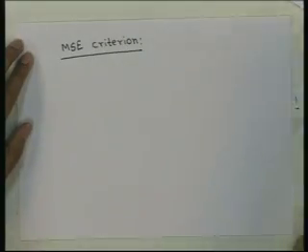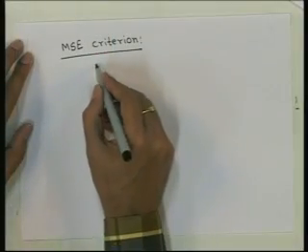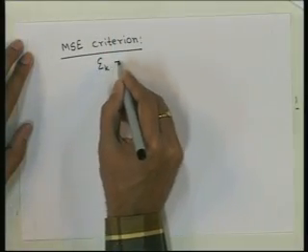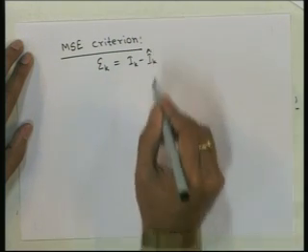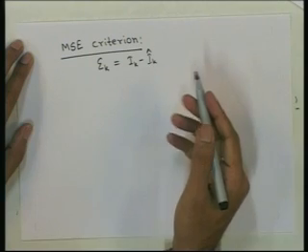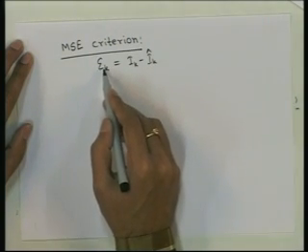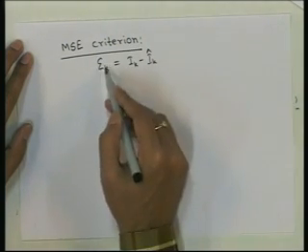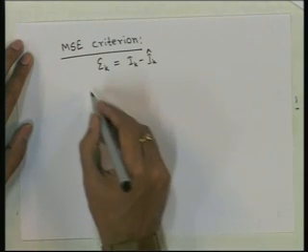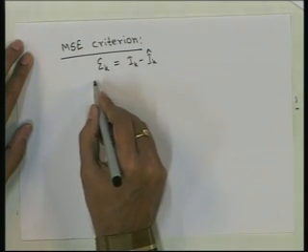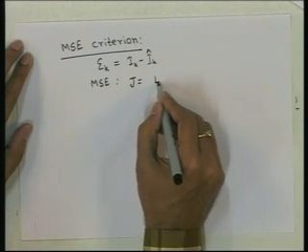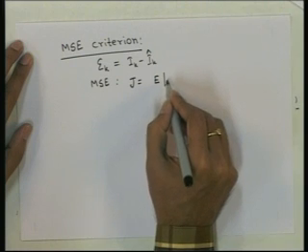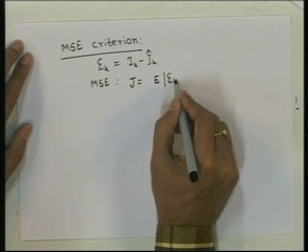A very simple criterion is the minimum mean square error criterion, which says that if this is the error for the kth symbol, that is I k minus I k hat is e k. In the peak distortion criterion, we wanted to minimize the maximum absolute value of e k. But now we want to minimize the mean square error, which is the expected value of e k square.